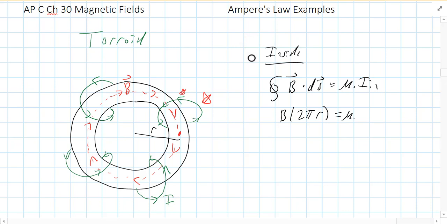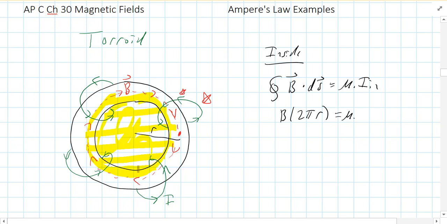Again, we want to know how much current passes through the circle bounded by this red circle I made. How much current pokes through that yellow circle that I just denoted here? There's your yellow circle.